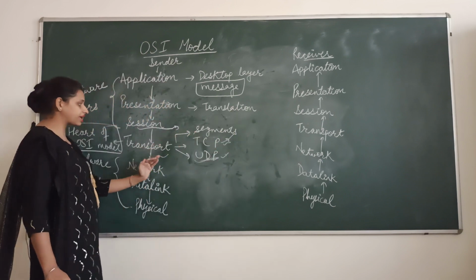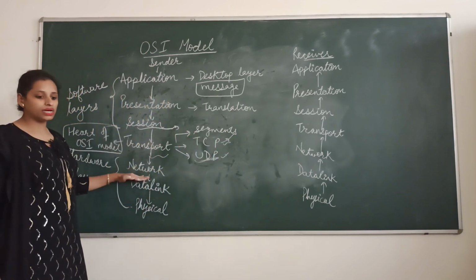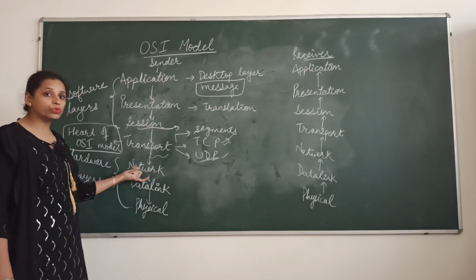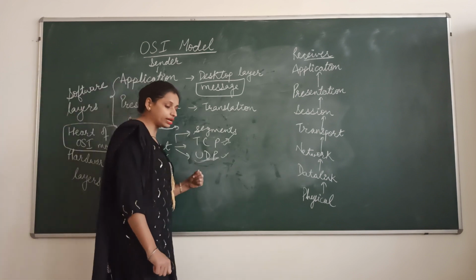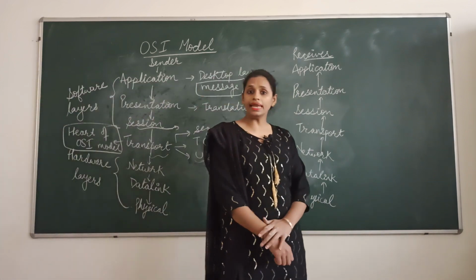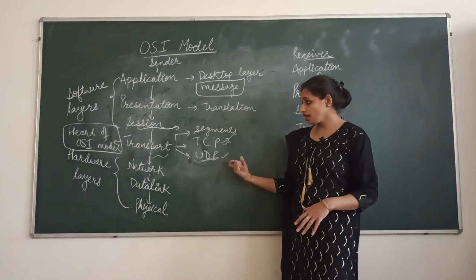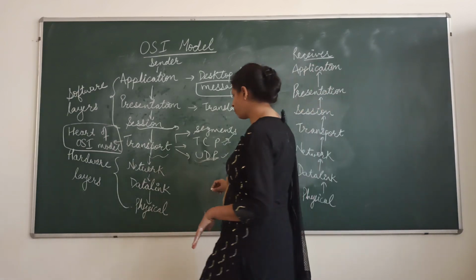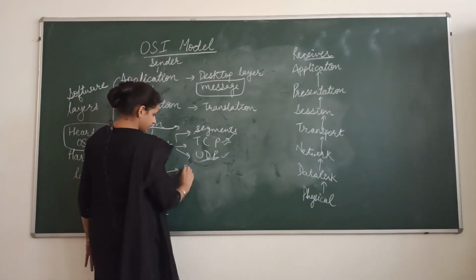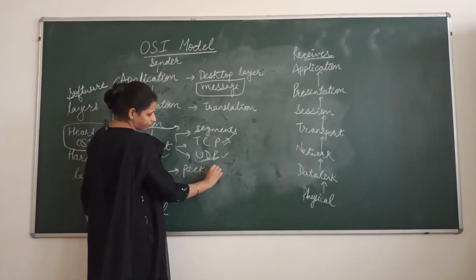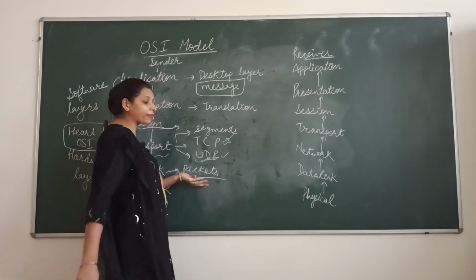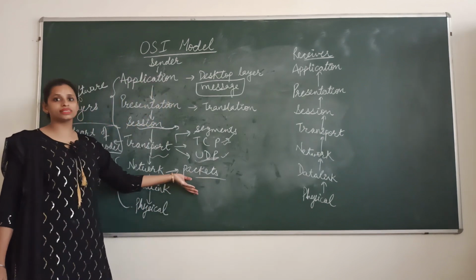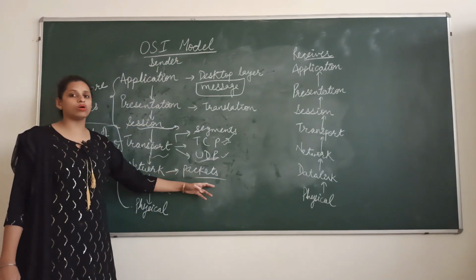And then these segments are further passed to network layer. Network layer. What is this network layer? In network layer, these segments are converted into packets. Means now the data is processed in the form of packets.